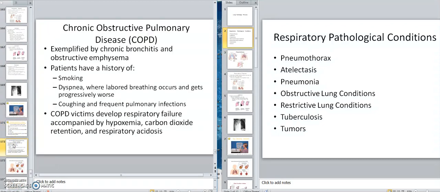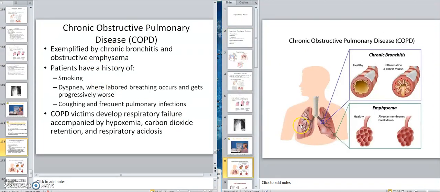Okay. Now, one obstructive lung condition is COPD, chronic obstructive pulmonary disease, which involves bronchitis and emphysema. Let's look here. Bronchitis is in the larger airways, and it's inflammation in that area.